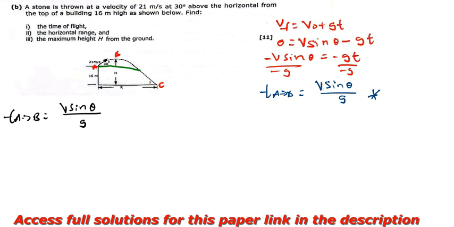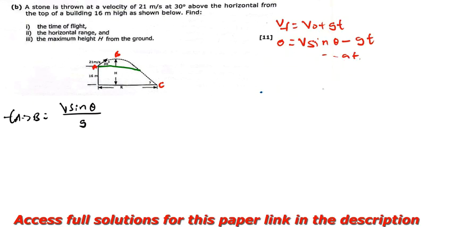Now, another thing which we have to take note of here is the time from B to C, that is now free fall. So we are starting from this point where the final velocity was 0. Now that is going to be my initial speed, because that's where I'm starting from. So I have got the whole of this h.